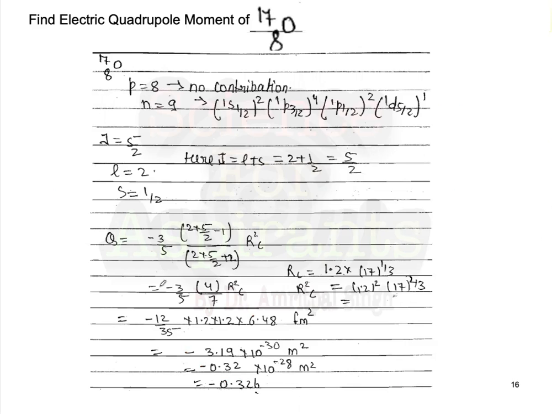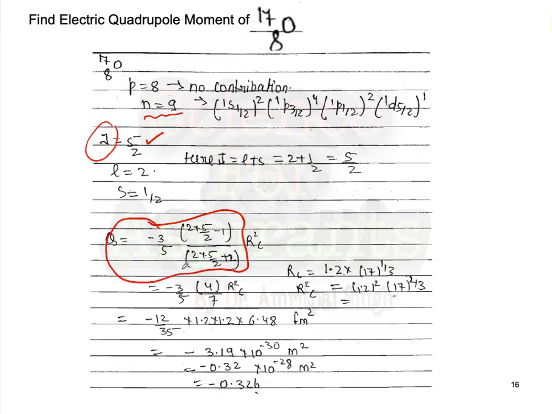Even if the question comes sometimes in competition exams, find the electrical quadrupole moment using the shell model, then you have to use this formula which I have explained to you. So first you have to find the value of J. For example, in oxygen-17, we can find the value of J, which is due to the last unpaired neutron, and J comes out to be 5/2.